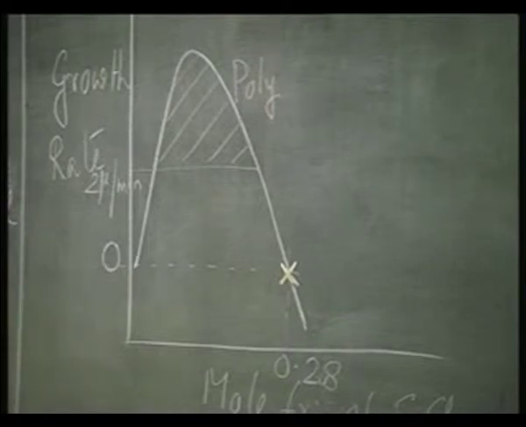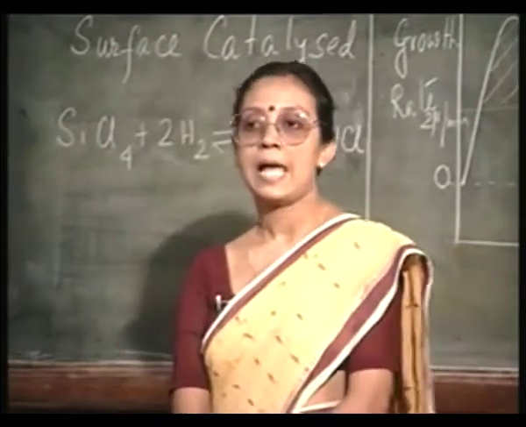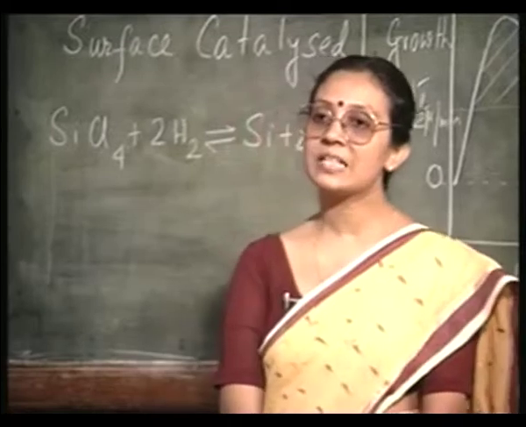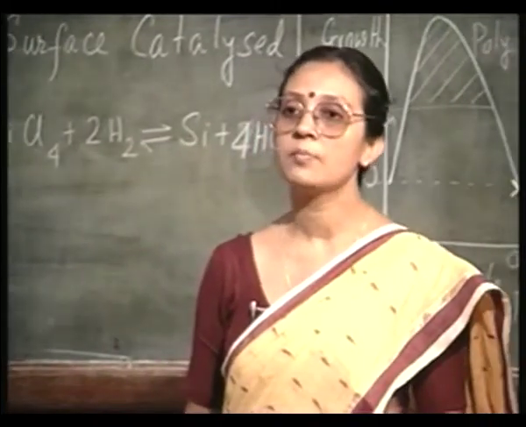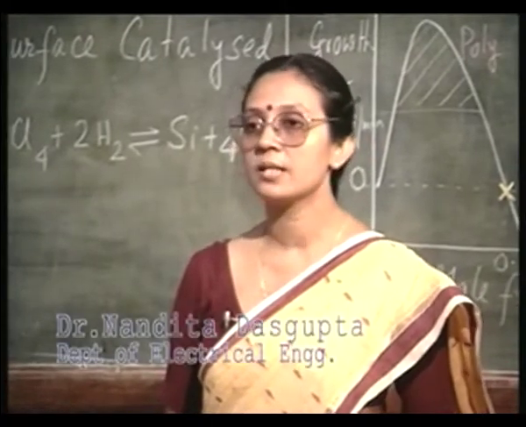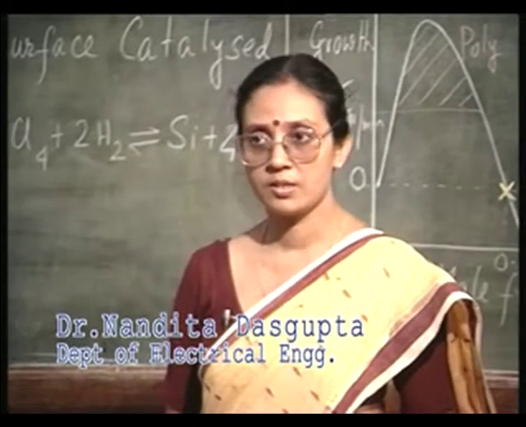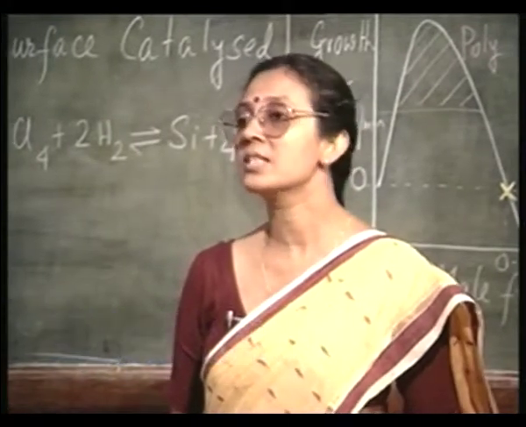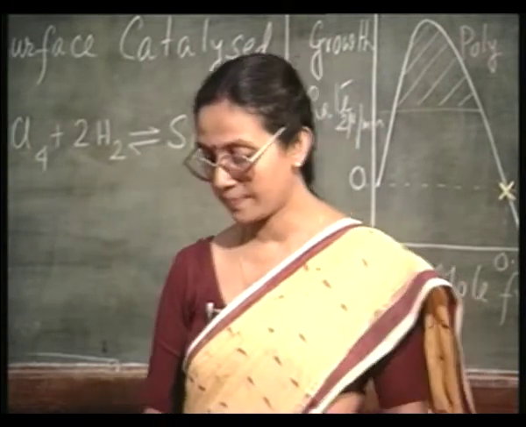Among all these, silicon tetrachloride is the most stable material, and it is also relatively insensitive to trace amounts of oxygen present in the reactor chamber. That is why silicon tetrachloride was widely used. This is in fact the most extensively studied material for silicon epitaxy.